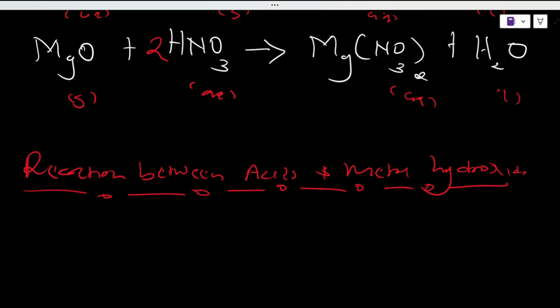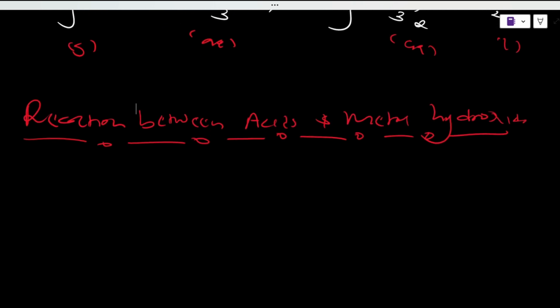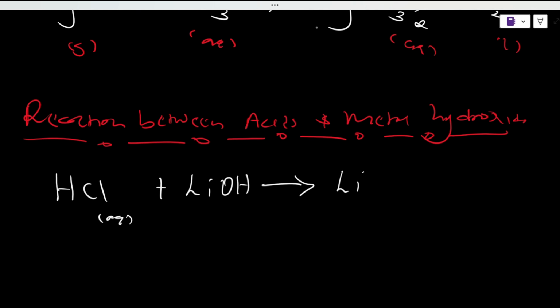For example, I can react hydrochloric acid, aqueous, with lithium hydroxide. If I do so, I'm supposed to form lithium chloride plus water. Aqueous, liquid.